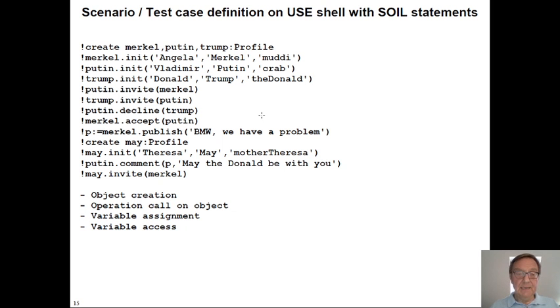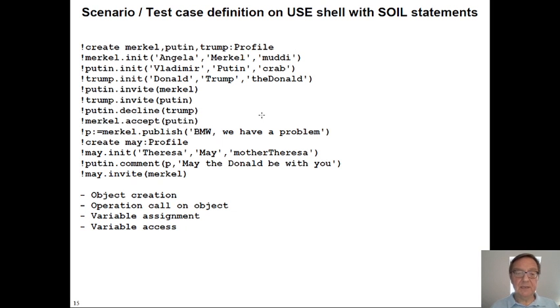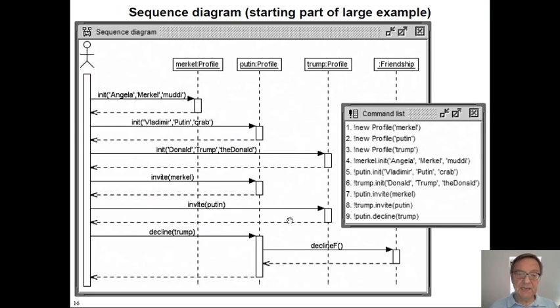We see here in this sequence diagram the starting part of this test case, of this scenario. So we see partly the profile objects and the friendship objects.